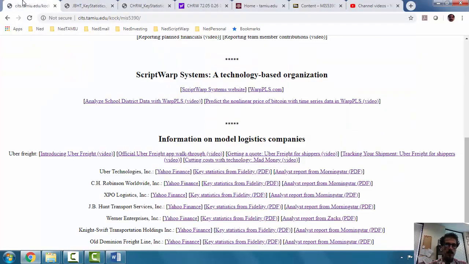Again, that part of the website, information on model logistics companies, has plenty of information here that could be useful to you. Particularly useful are these analyst reports. These are written by analysts that recommend prices for the shares of these companies.